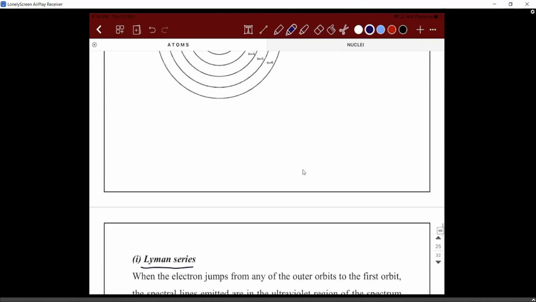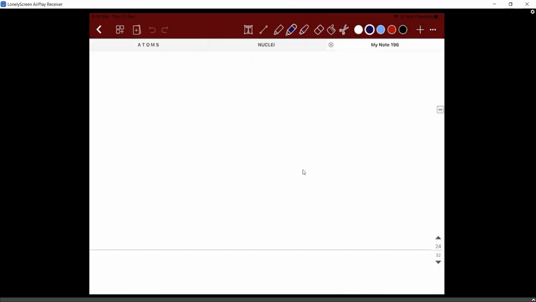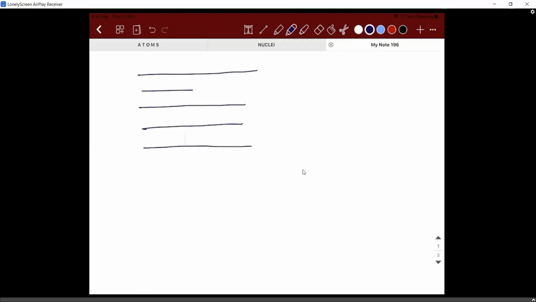Now listen. You can write down the heading as wavelength of the spectral line. So you have different energy levels. I call this N2, and I'll call this N1.